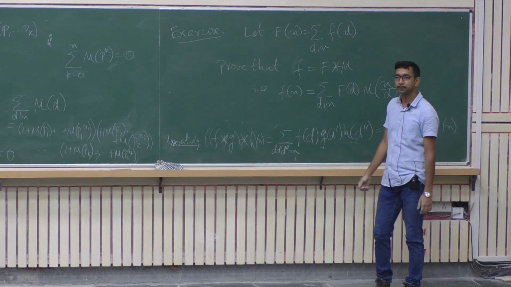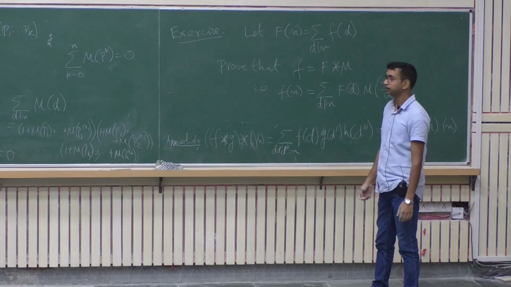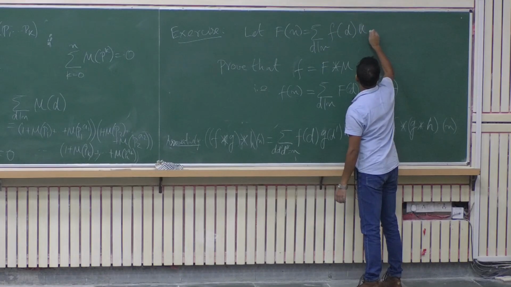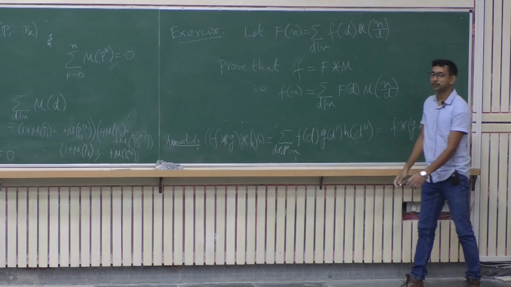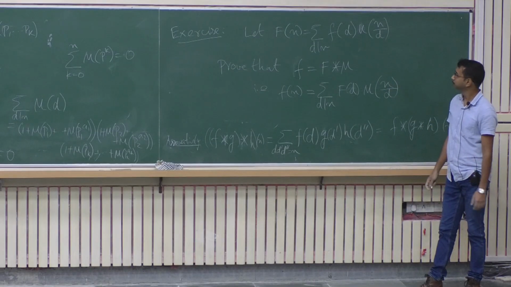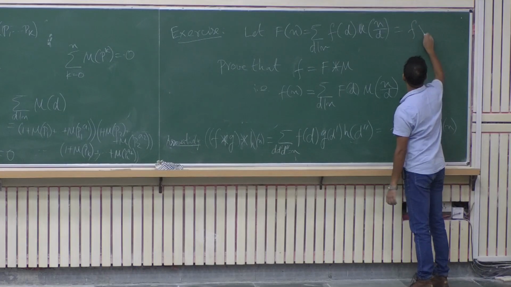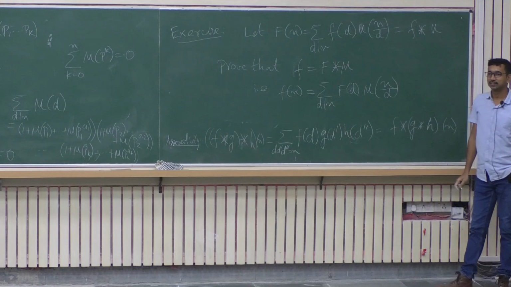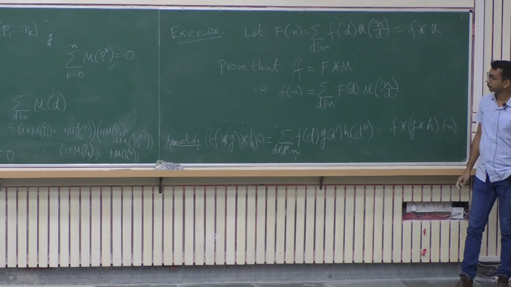That means f of d into 1, and we can write 1 as u of n by d, right? So it becomes f star u. Right. So if we take u to the other side, then it gives F star mu.